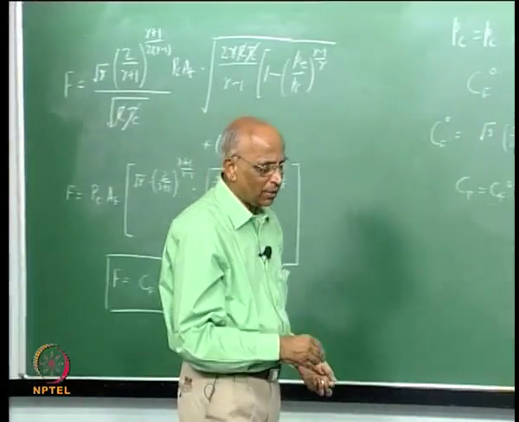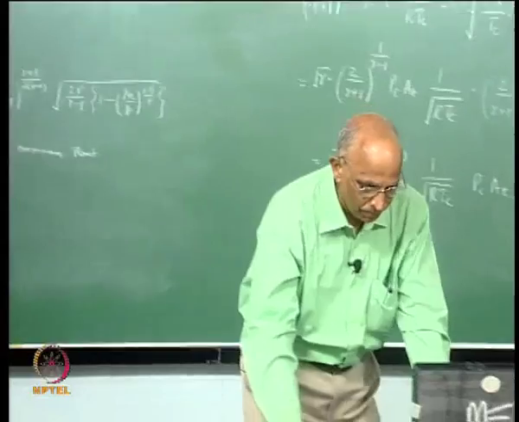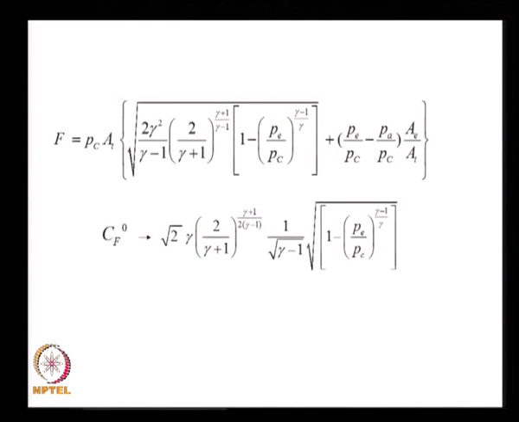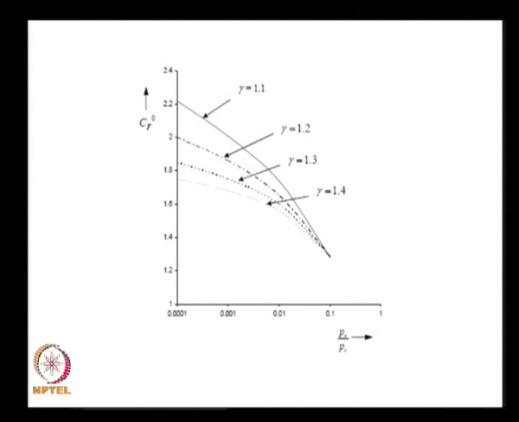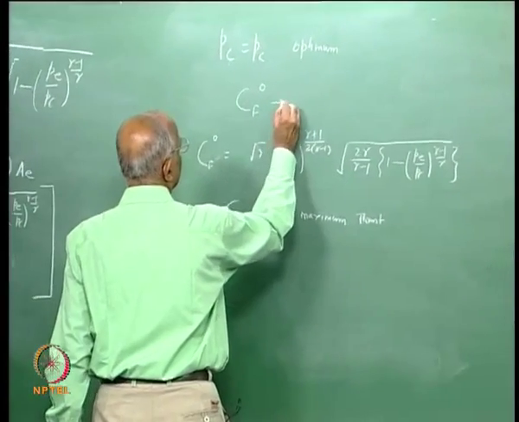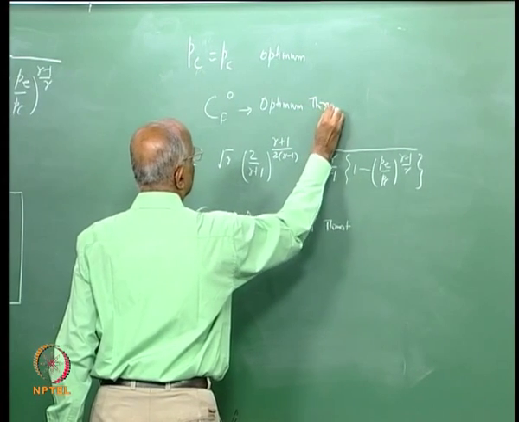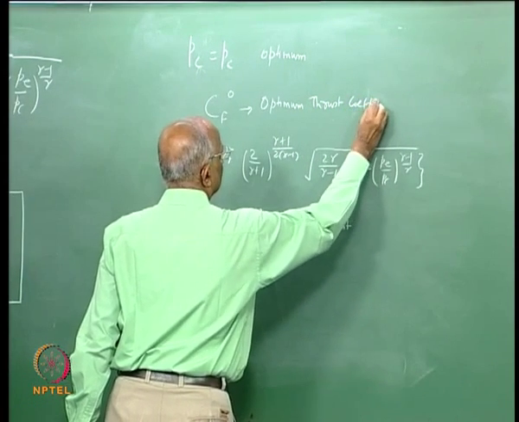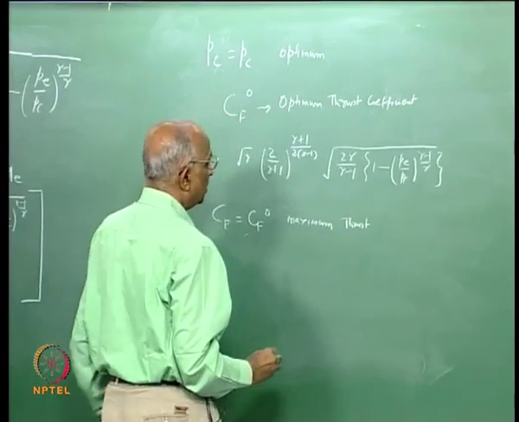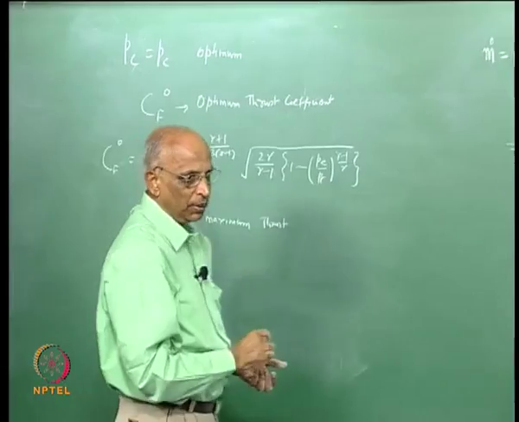Therefore, let us now try to take a look at some of the results from this expression. All we did was, this is the value we derived and this is the value we get for the optimum value. I took gamma minus 1 outside over here, and now if I take a look at the optimum value of Cf, which I call the thrust coefficient, that is Cf is the thrust coefficient, Cf0 is the optimum thrust coefficient.